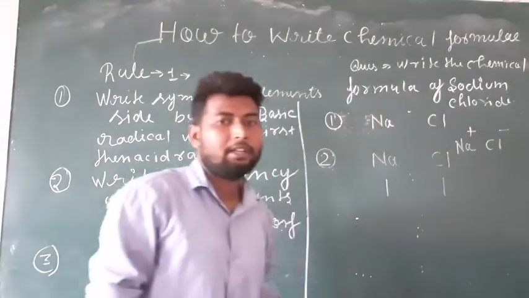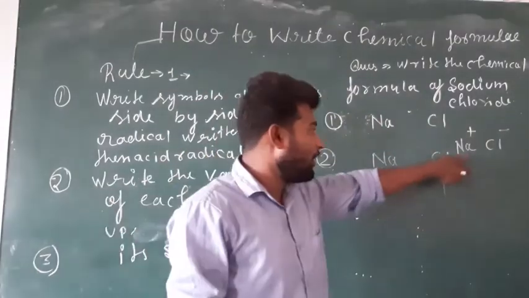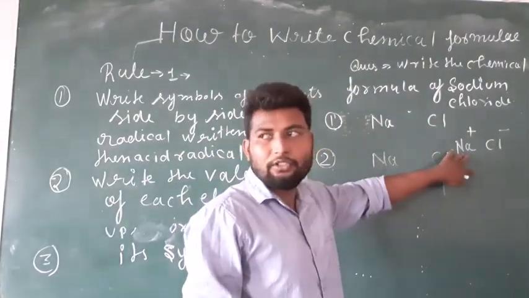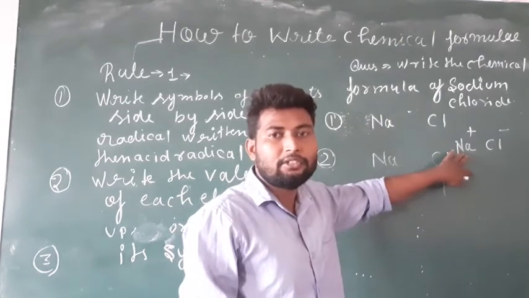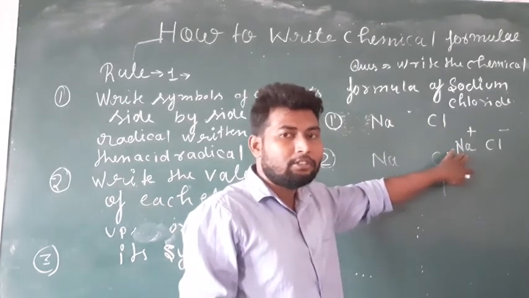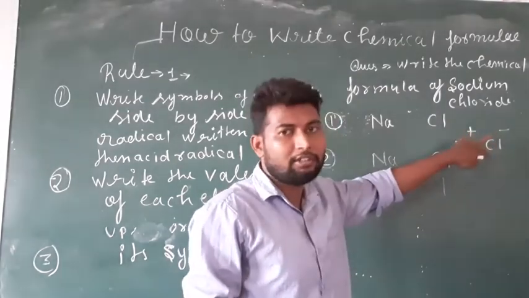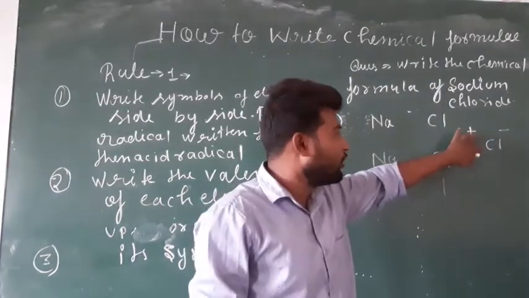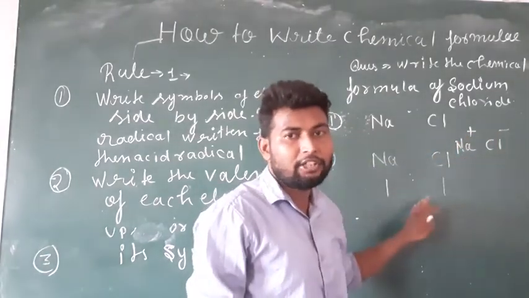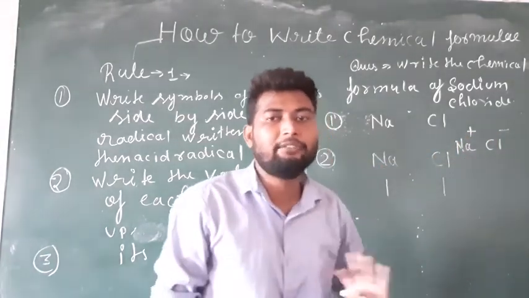Suppose you have NaCl, so Na has a positive charge and chlorine has a negative charge because Na is the donor and chlorine is the acceptor. So when you write the chemical formula, you ignore the charge. Our third rule is based on ignoring the charge. You write valency without charge. Valency is never written with charge.